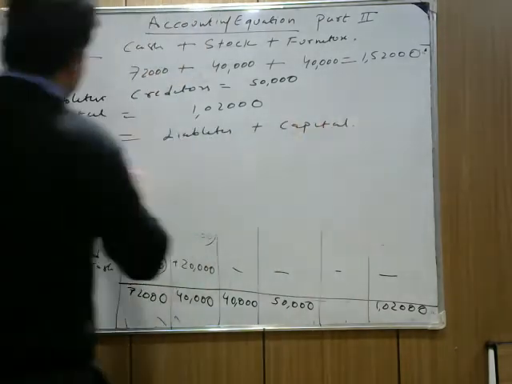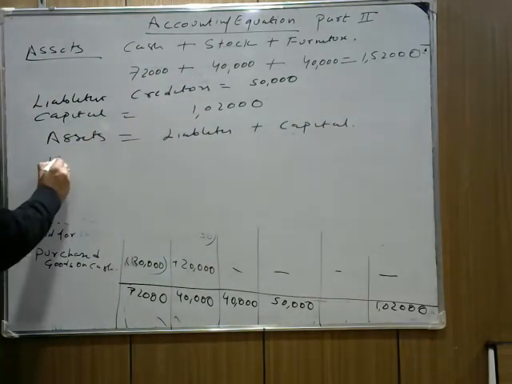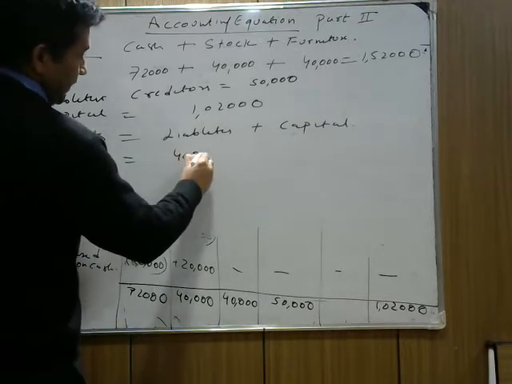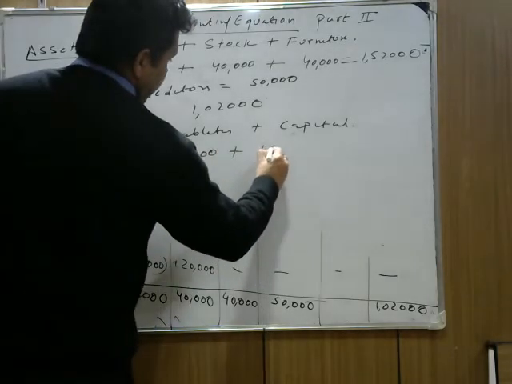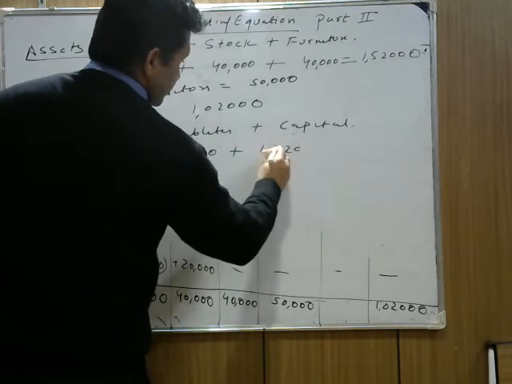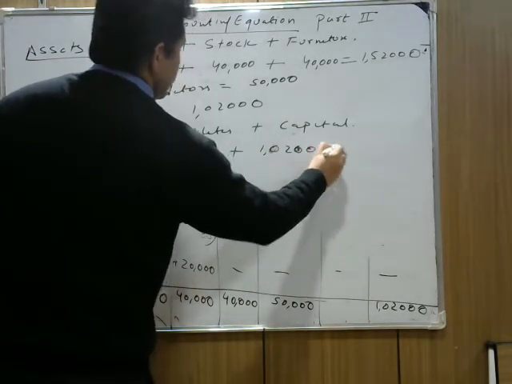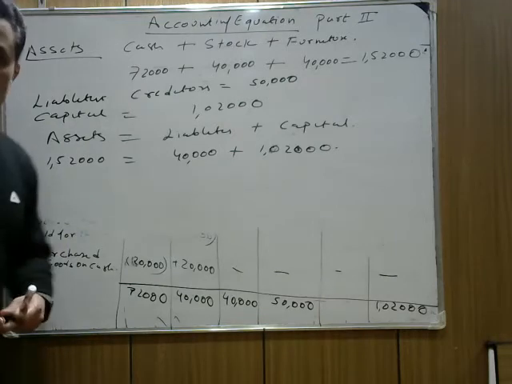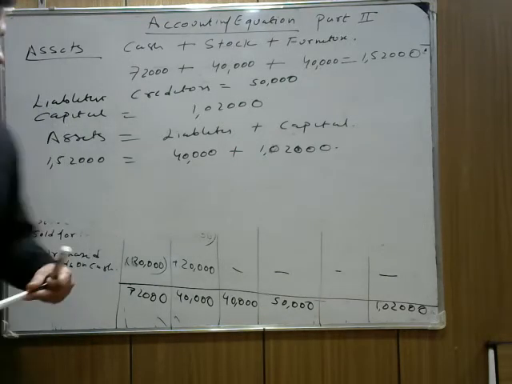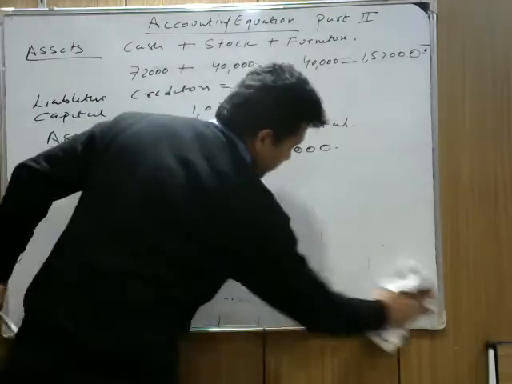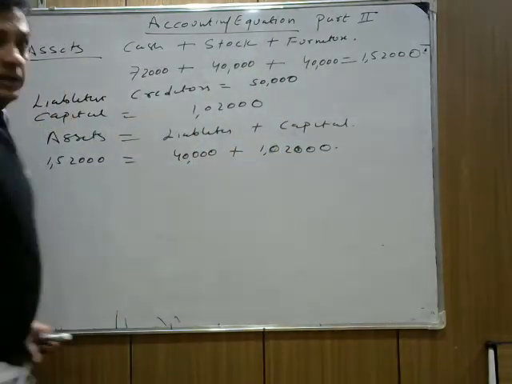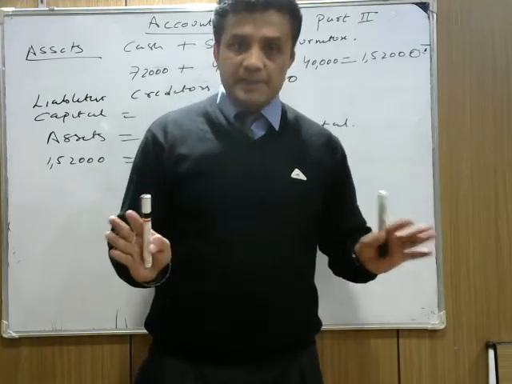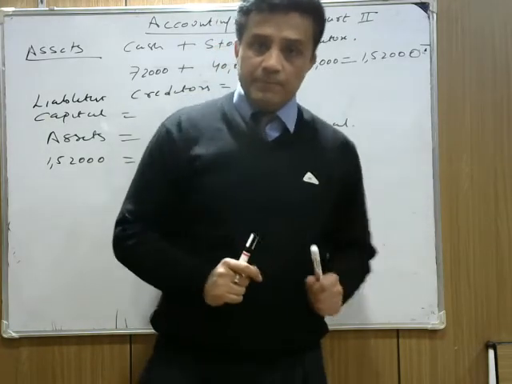Now it means total assets you have 1,52,000. Total liabilities you have 50,000 which you need to pay, and total capital you have 1,02,000. Now, simple. So here it means we are solving the accounting equation according to the given transaction. This is how we make the accounting equation. I hope it's clear how to make accounting equation.